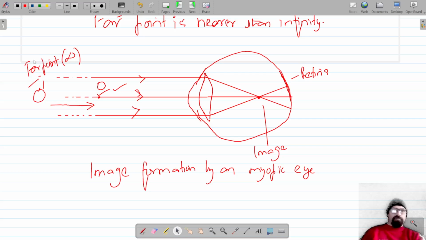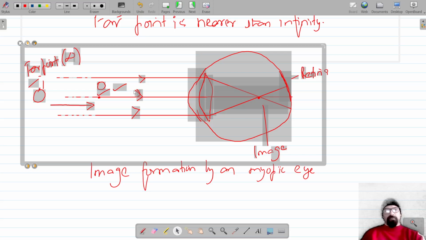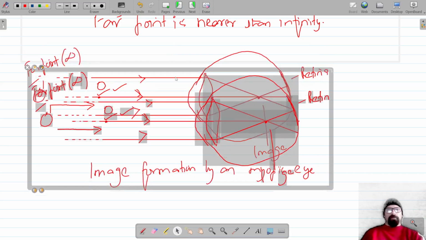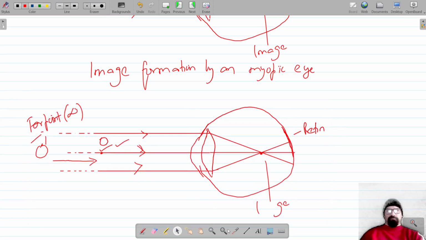For that, let me copy this. I'm going to put the concave lens here. So this is the concave lens. Now what this concave lens is going to do is divert these rays of light.